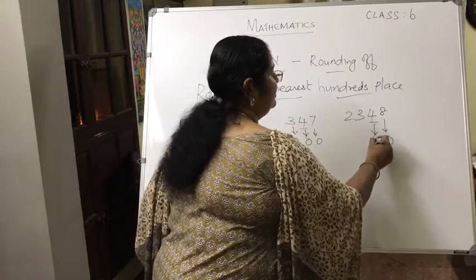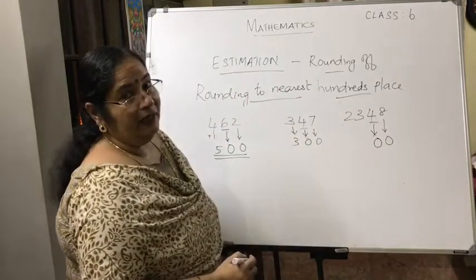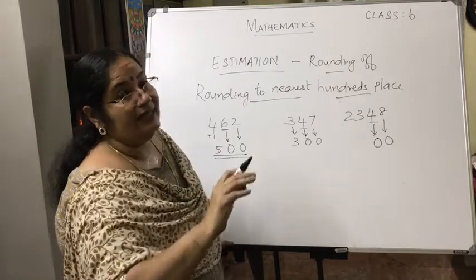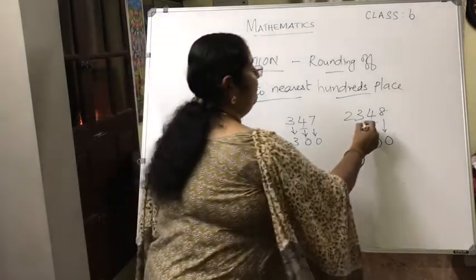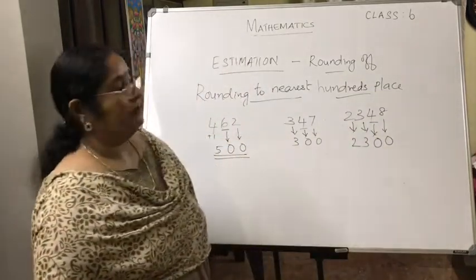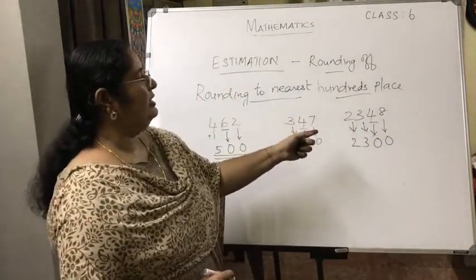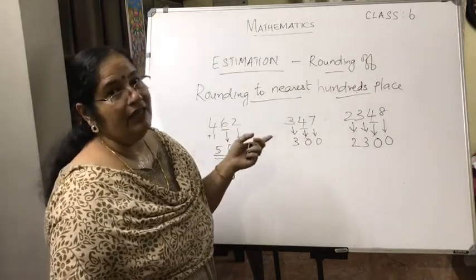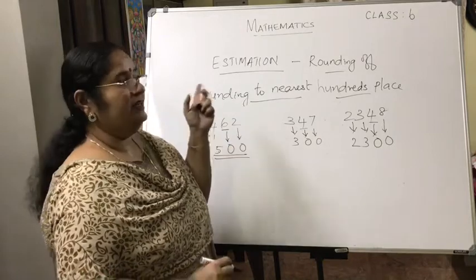Tens place digit to 0. Keeping all the other place digits as they are. So 3 will be written as 3 itself. 2 will be written as 2 itself. So 2348 when rounded to the nearest 100 will be 2300.